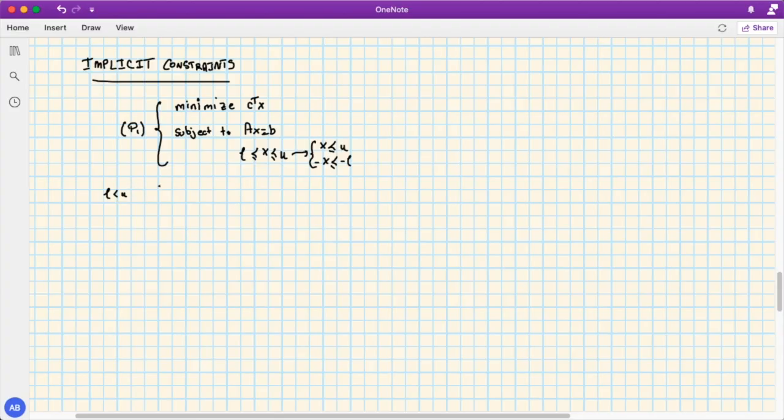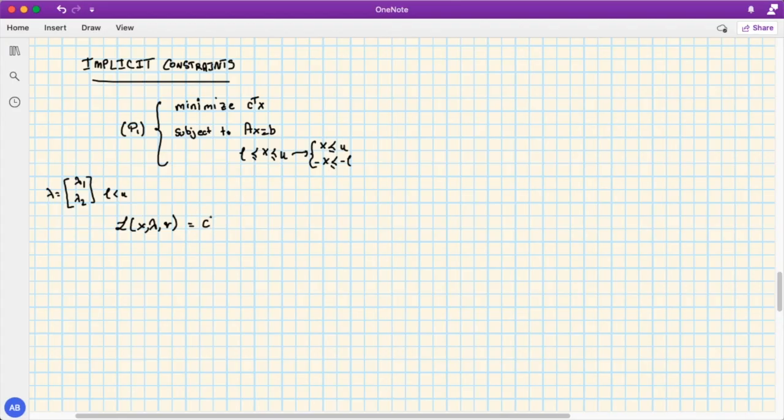Now the Lagrangian function over here is L(x, lambda, nu). Actually, we can split lambda to be a vector containing lambda 1 associated with the first inequality constraint and lambda 2 associated with the second inequality constraint.